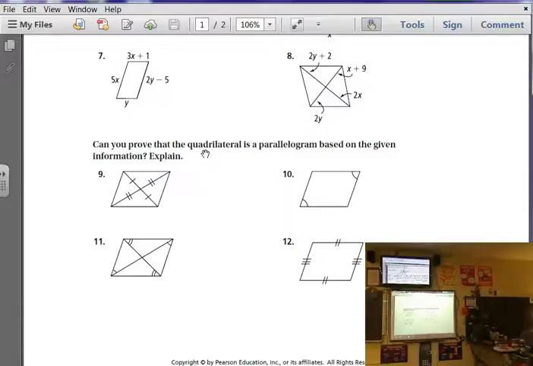Because the thing to think about is, if this wasn't congruent, let's say this was longer, that would extend further, and when this would connect down, this could not be congruent to that.